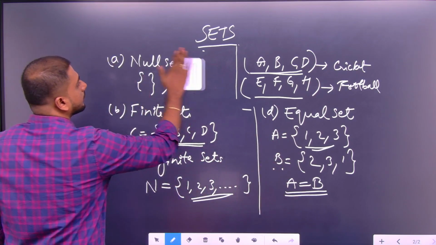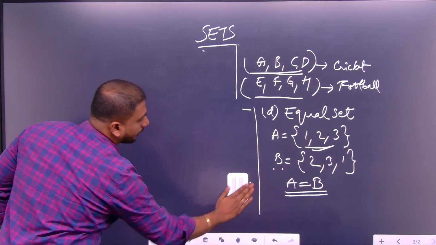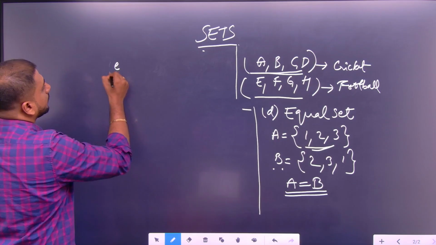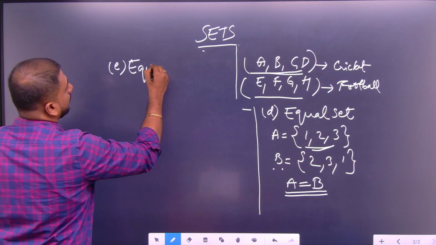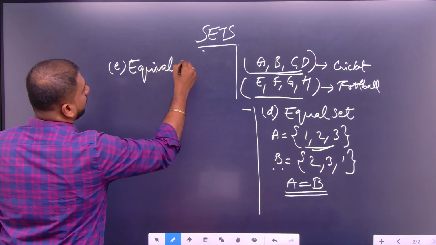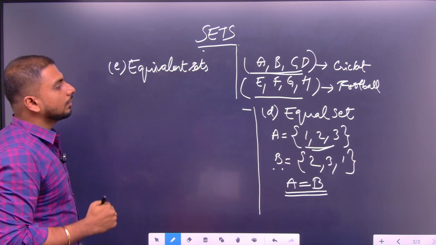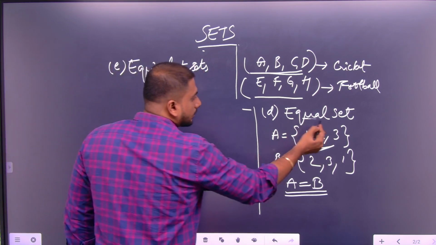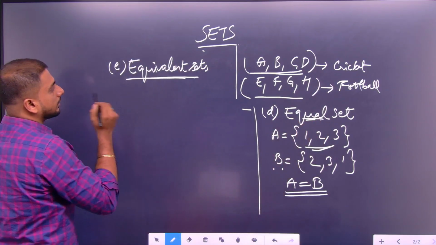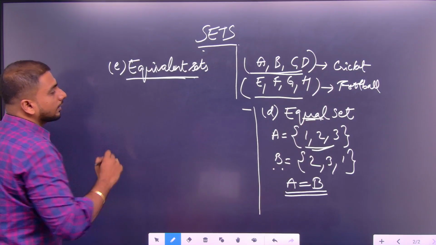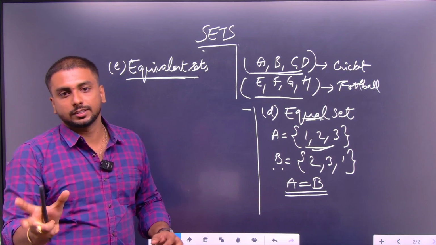Now I'll erase this and get back to one more type, that is equivalent sets. You know about equal sets. What do you mean by an equivalent set? Equivalent sets are sets where the number of elements in set 1 and the number of elements in set 2 match.